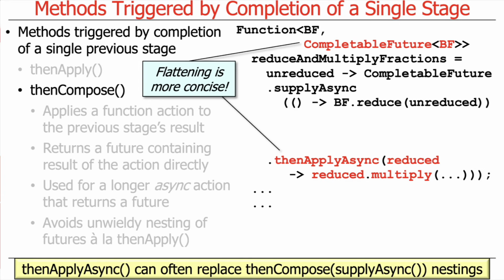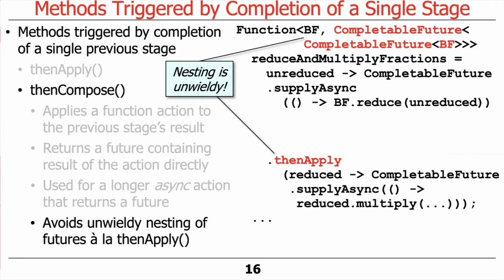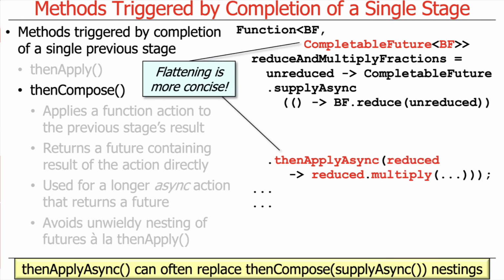If you use thenApplyAsync, it'll run this computation, multiplying the reduced big fraction, in a different background thread, just like we would have gotten had we used supplyAsync, as we show here, but you don't end up with nested completable futures. So a little idiom to realize is that thenApplyAsync can often replace the use of thenCompose and supplyAsync.